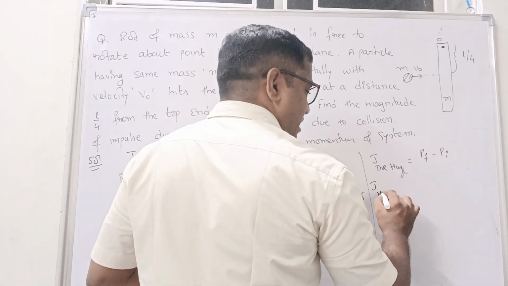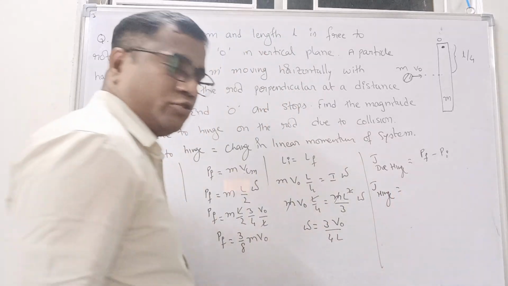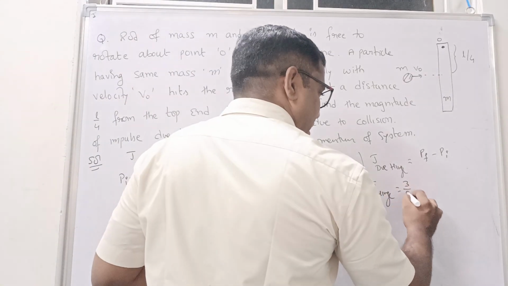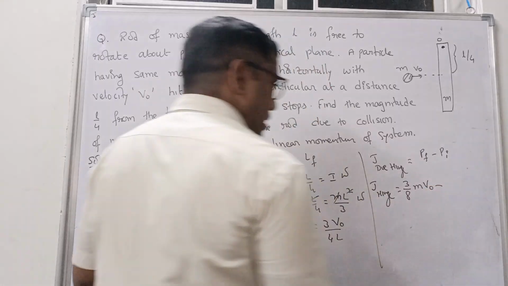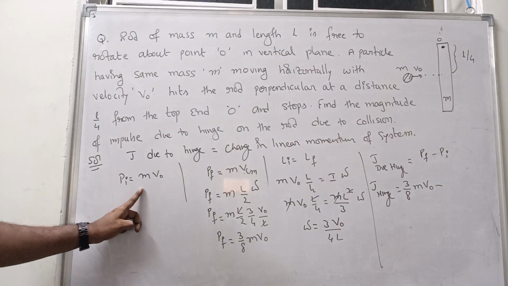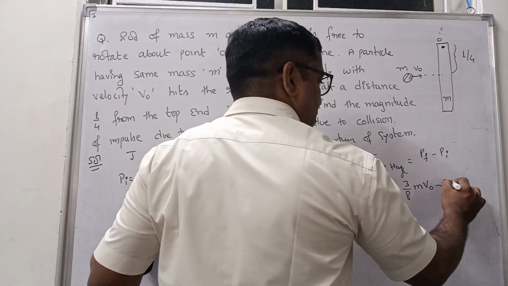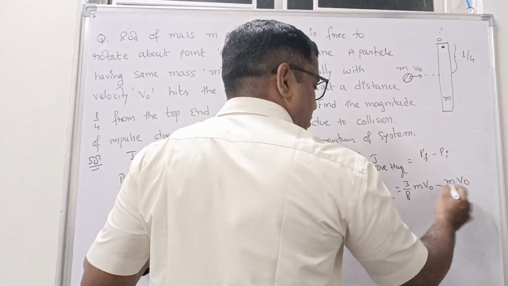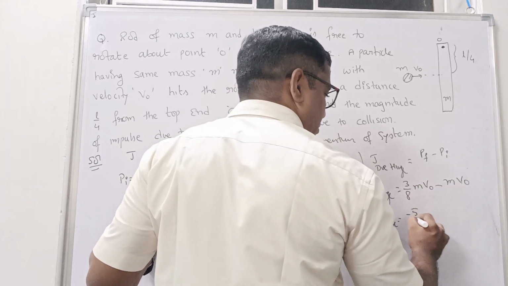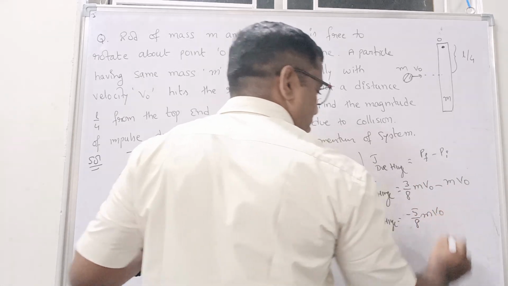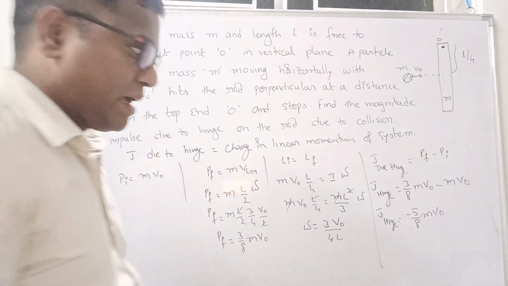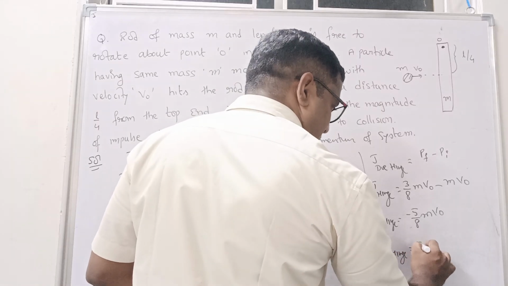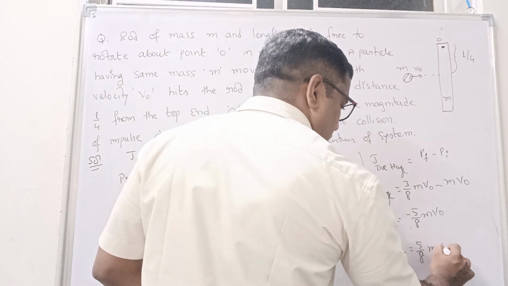So J due to hinge is 3 by 8 m v0 minus the initial momentum, which is m v0. So J hinge is 3 minus 8, that is minus 5 by 8 m v0, so 5 by 8 m v0 in magnitude. This will be the answer.